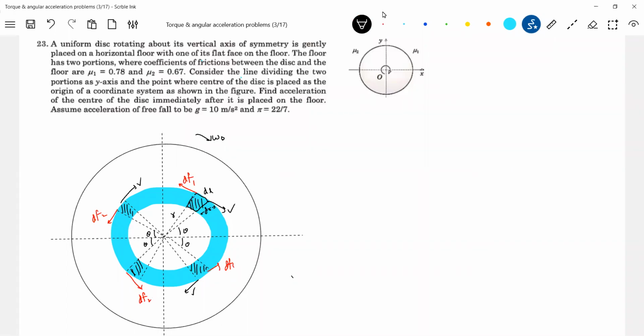Yeah, fine. This is a basic assumption. So like this, you assume df1. First, what is that small element? We assume that the element is like this.